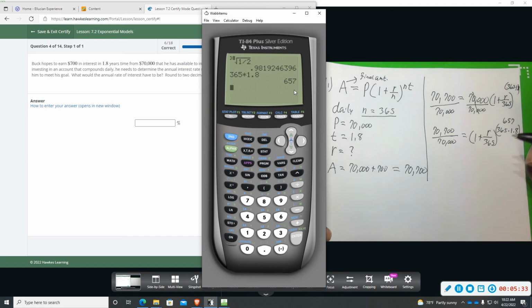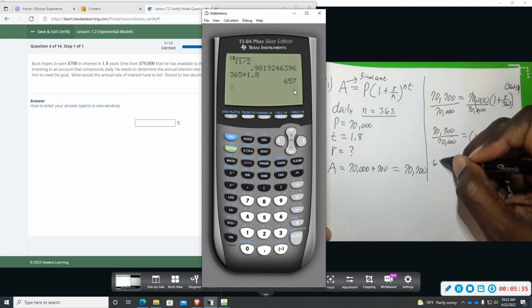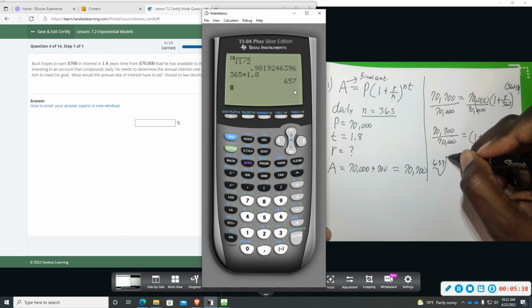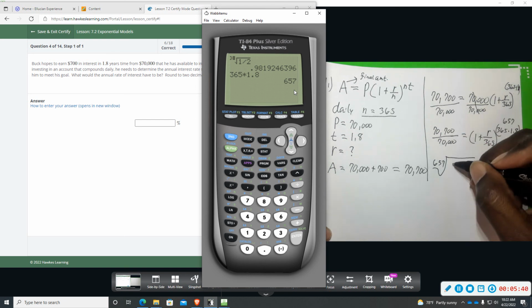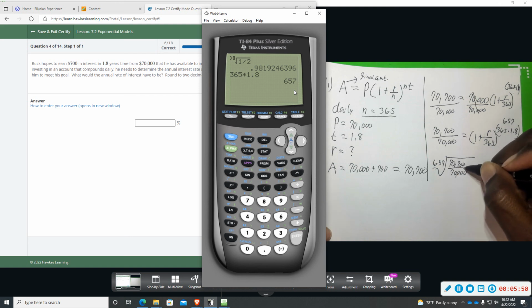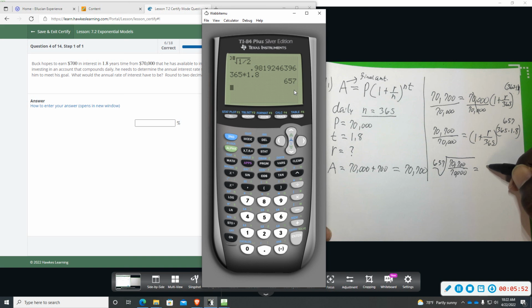So I'm going to do the 657 root. I'm going to do that over this part, doing it to both sides. 70,700 over 70,000. That's going to equal the 657 root of all of this: 1 plus r over 365, and that is raised to the root of 657.